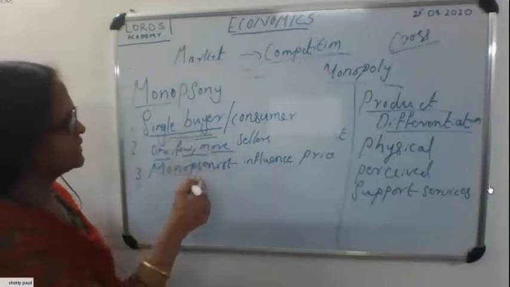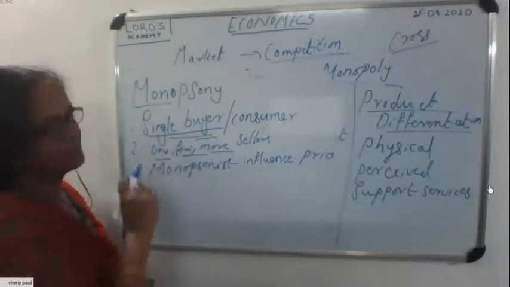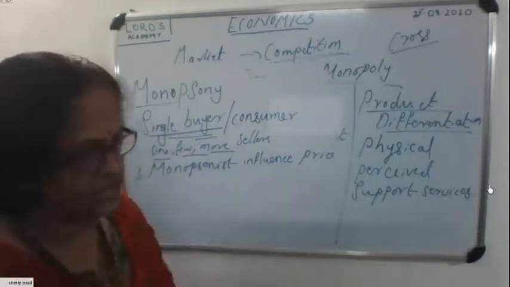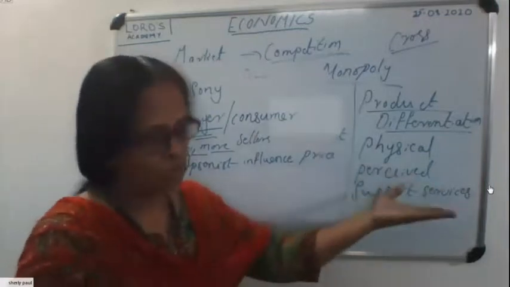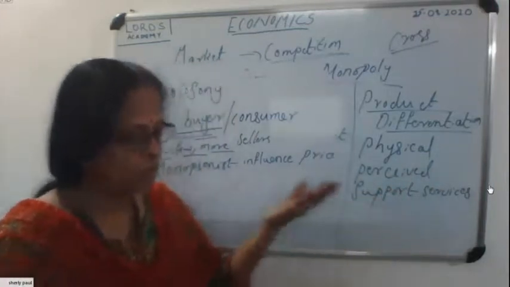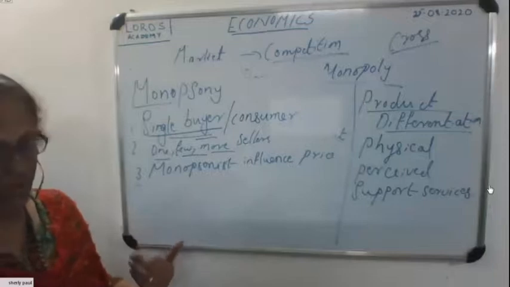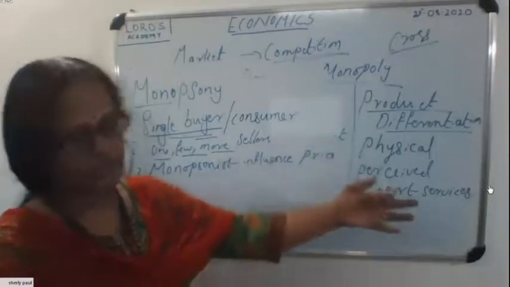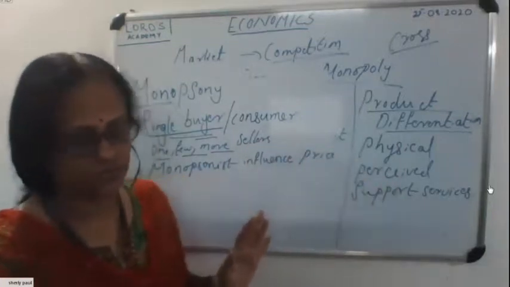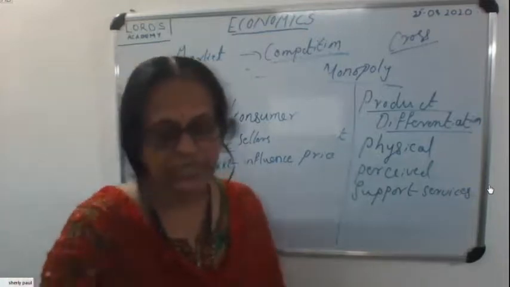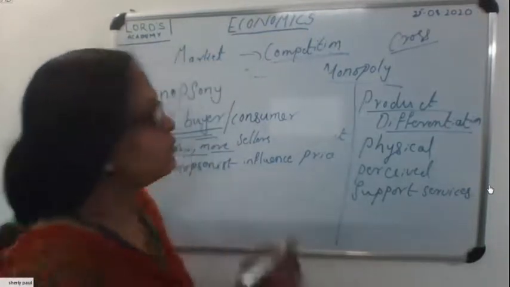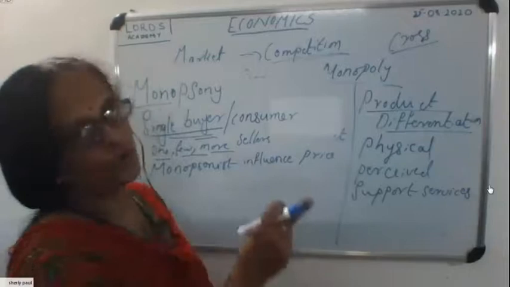Therefore, if the buyer needs more, he has to pay more money. It is just the opposite of monopoly. In monopsony the purchaser controls the market, and here the producer controls the market prices. These are the points regarding monopsony and monopoly.